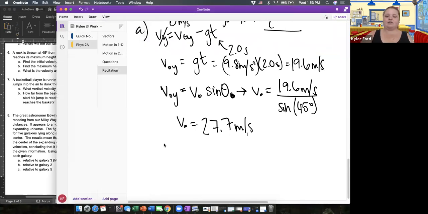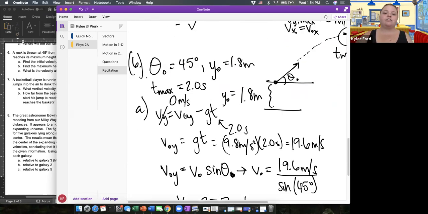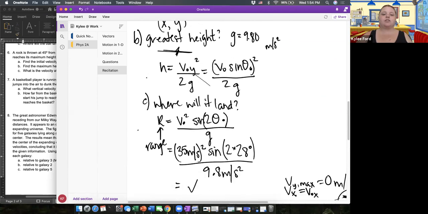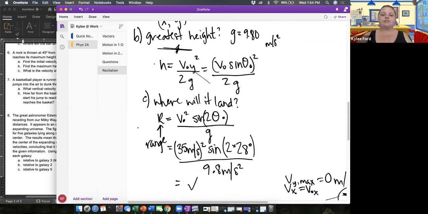Now part B is asking for that maximum height. And that's the same thing that we used earlier for the above problem. So this equation is what you'll use again.